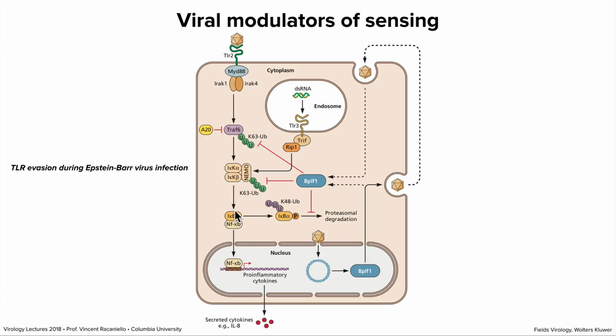Entry of NF-kappa B depends on degradation of the I-kappa B subunit. That's blocked by BPLF1, effectively leaving I-kappa B to prevent NF-kappa B entry into the nucleus. So you can see multiple points of intervention of BPLF1 in this pathway, which will inhibit aspects of sensing so that antiviral cytokines are not produced.